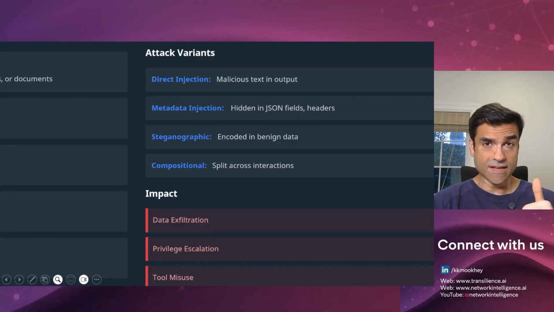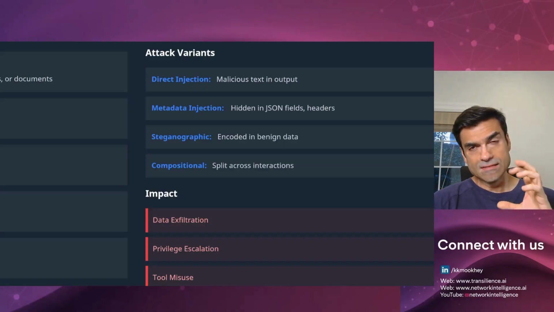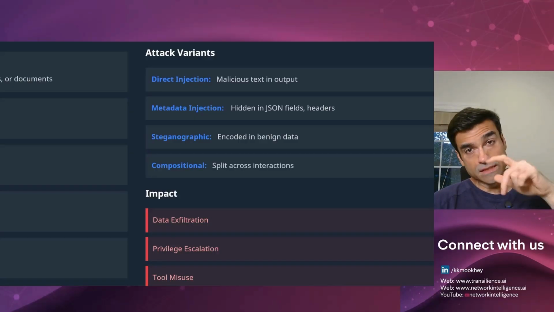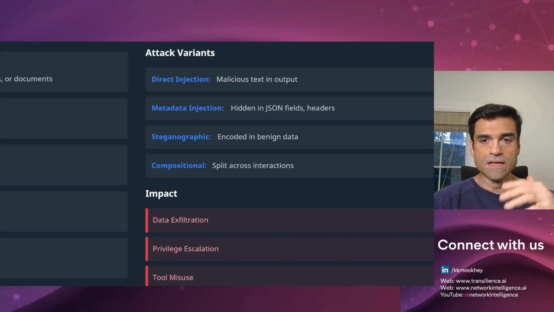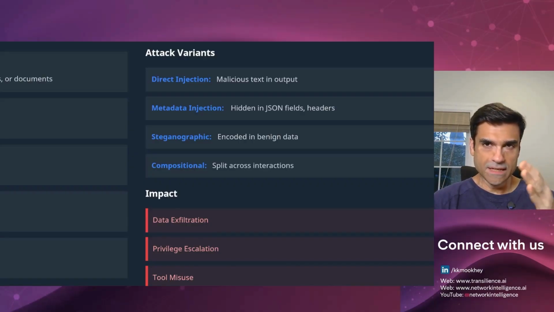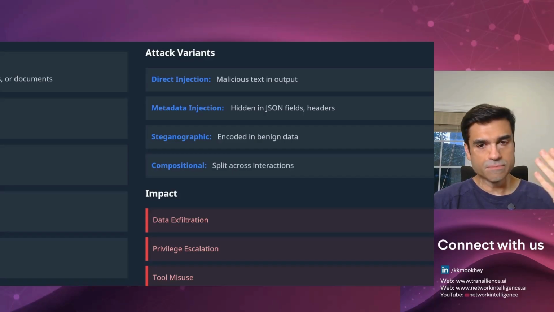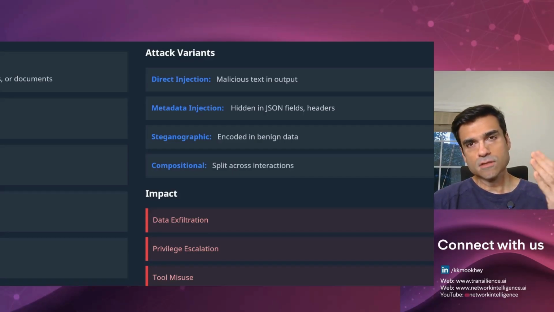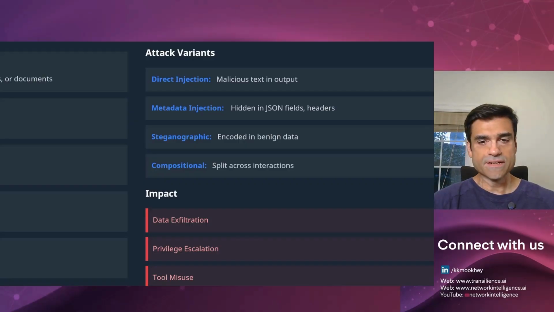We looked at this example where we had the researcher agent reading malicious instructions from an HTML document, synthesizing that, giving it to the writer agent that quoted that content verbatim from the original HTML source document. Now, this can happen in JSON fields, it can happen in image data that looks benign but has little perturbations that are not visible to the human eye, and it could also be split across multiple interactions.